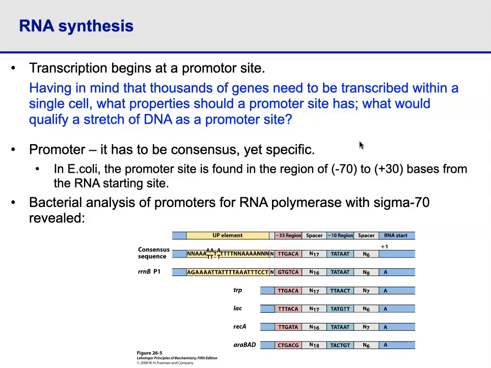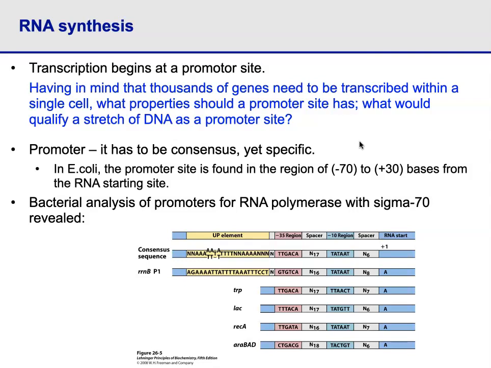So some binding sites will be the same or very similar for all promoters, because they're the same proteins for all transcription, such as RNA polymerase. So the RNA polymerase site should be fairly similar for all promoters.